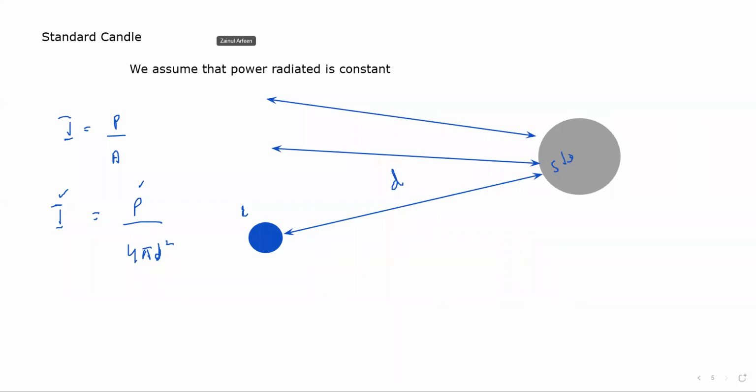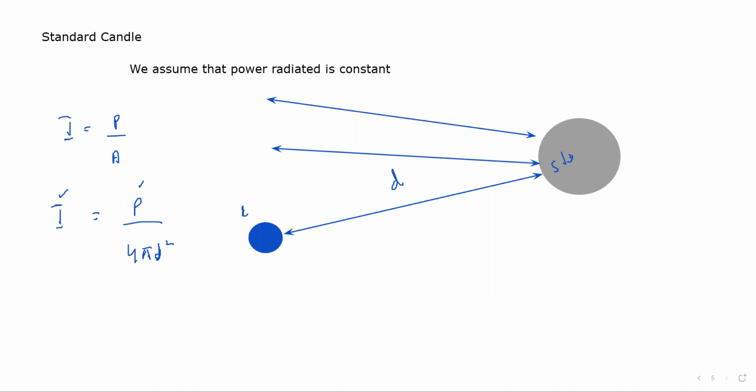So this model, this technique, is known as standard candle. Astronomical objects, stars with known luminosity or constant power, we call them standard candles, such as supernovae or Cepheid variables.